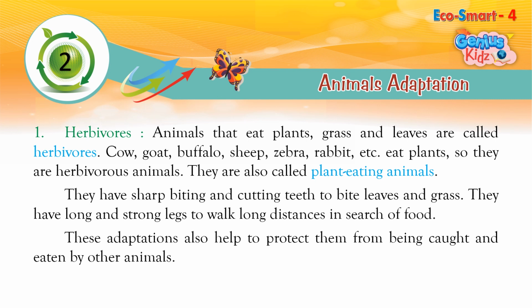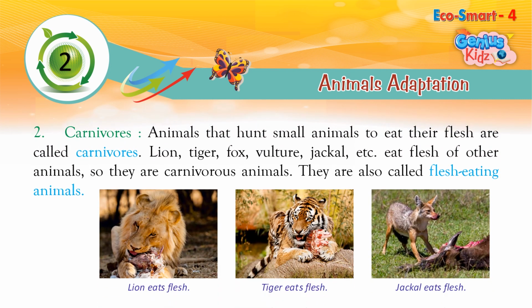They have sharp biting and cutting teeth to bite leaves and grass. They have long and strong legs to walk long distances in search of food. These adaptations also help to protect them from being caught and eaten by other animals. 2. Carnivores. Animals that hunt small animals to eat their flesh are called carnivores.